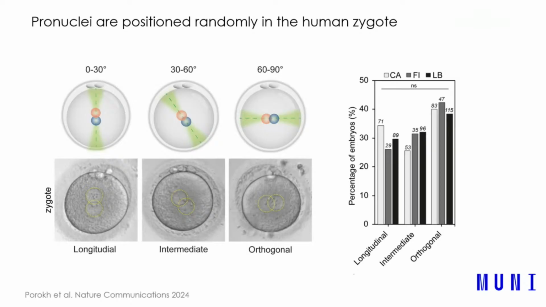We also compared our well-behaving zygotes that resulted in live birth with their siblings that arrested during development, this is the CA group, or, for example, failed to implant at the blastocyst stage. And we also saw that in those cases, we could not see any difference. So the position of PNs is completely random in human zygotes.